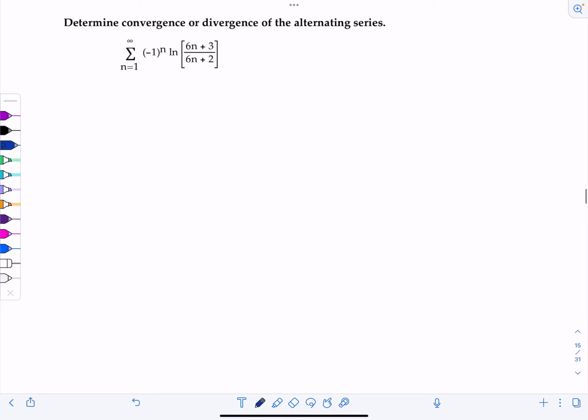So determine the convergence or divergence of the alternating series. First let's identify bn. bn is natural log of (6n plus 3) over (6n plus 2). The first thing I need to show is bn is decreasing.